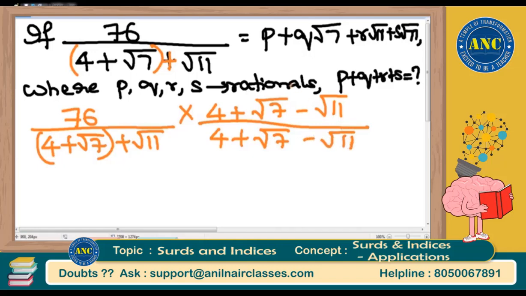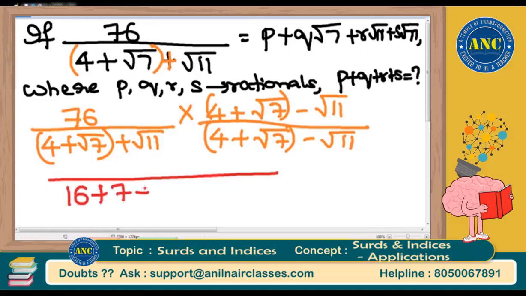If I implement this process, a value is 4 plus root 7, b value is root 11, a square minus b square is 4 plus root 7 whole square minus root 11 whole square. 4 plus root 7 whole square is 16 plus 7 plus 8 root 7, minus root 11 whole square is 11.